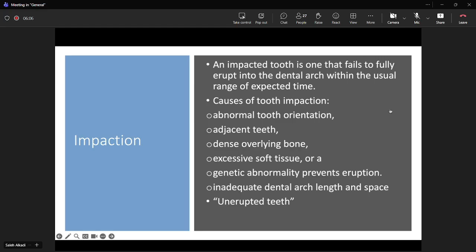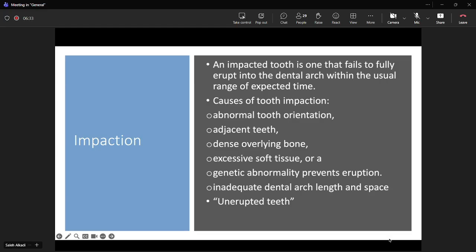Another cause of tooth impaction is genetic abnormality. From the pediatric dentistry course and oral pathology, there are several conditions that cause teeth impactions and delayed eruptions. You need to know them. Another important factor that may cause tooth impaction is inadequate dental arch length and space.